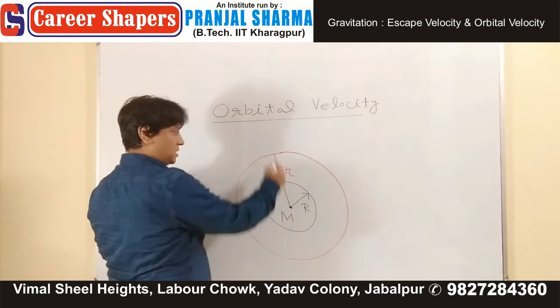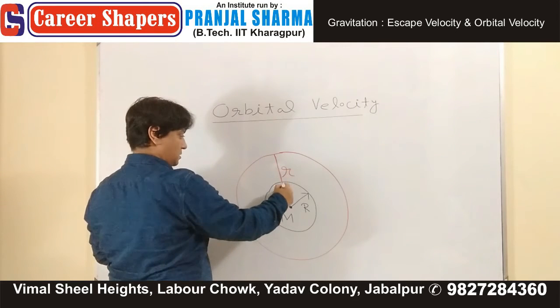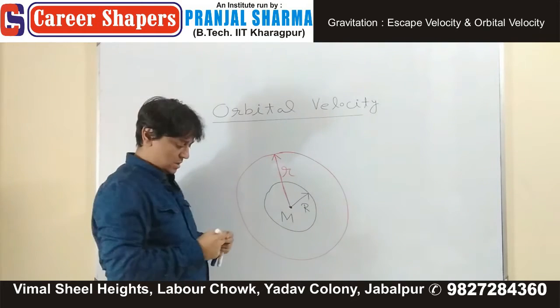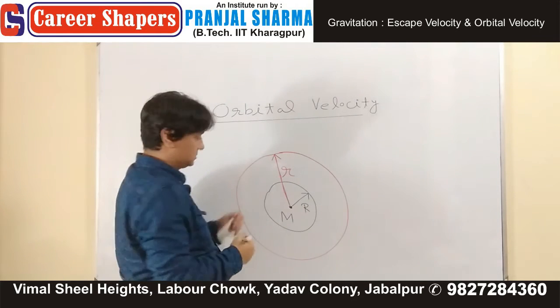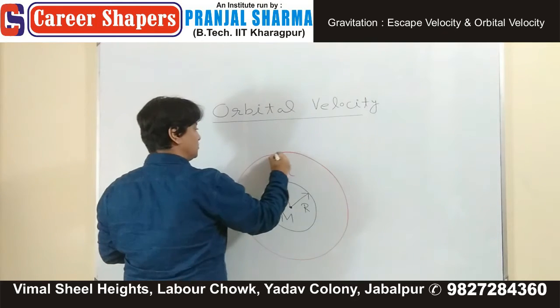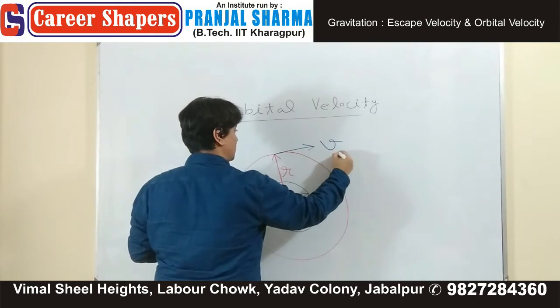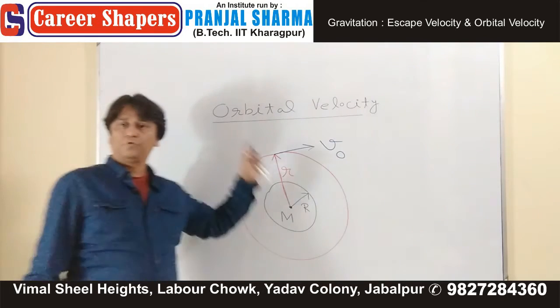This distance is r. And right at this place, it is moving with VO, O for orbital.